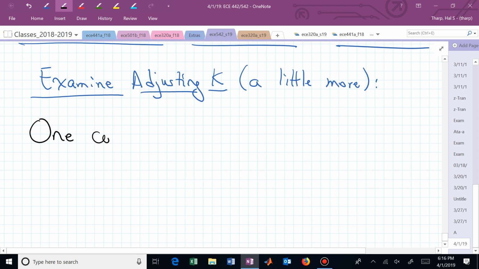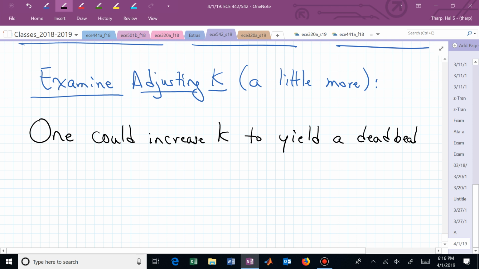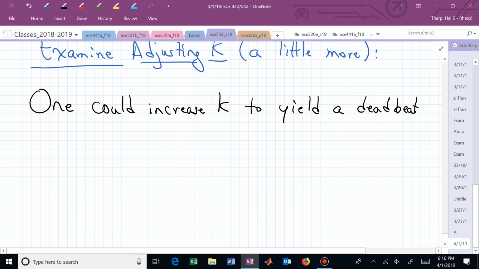Or one could actually increase K to yield a different response. We could actually increase K to obtain a deadbeat response.